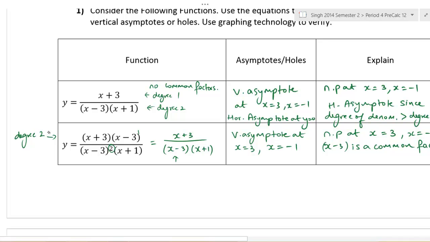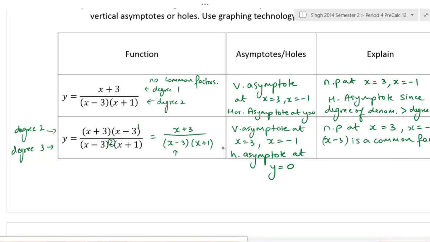It's a linear multiplied by a linear, which is a quadratic. And what about the degree of the bottom? Degree 3. So since the degree of the bottom is 1 more than the degree of the top, then we know that we're going to have a horizontal asymptote at y equals 0. So far so good? Okay, let's look at the other examples now.